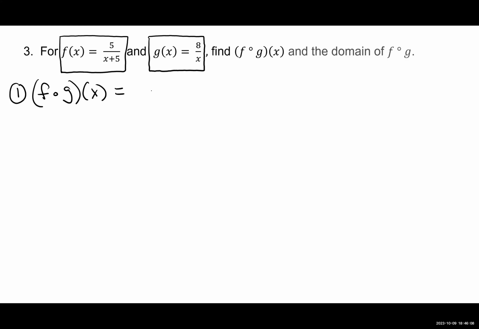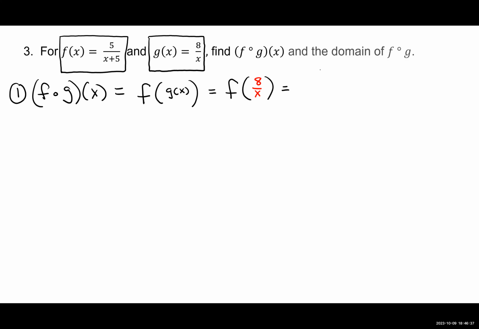F of g of x. That means f is on the outside, g is on the inside. So the g function, instead of writing g of x, we know what g of x is. It's 8 over x. So that is going into the f function.